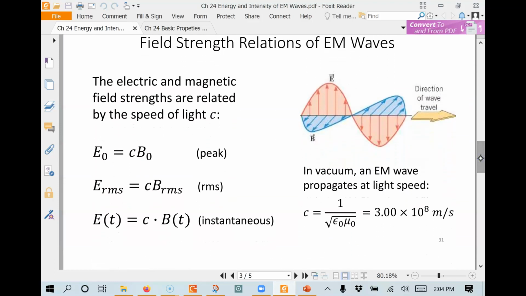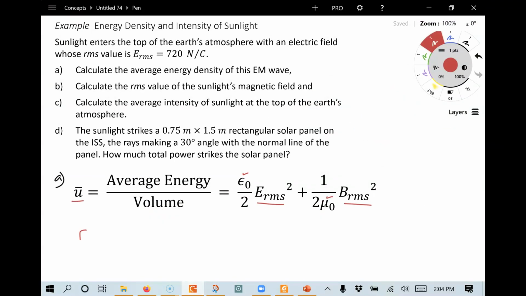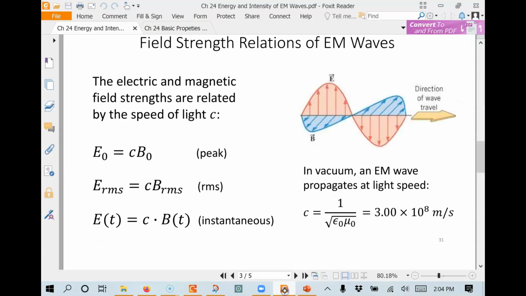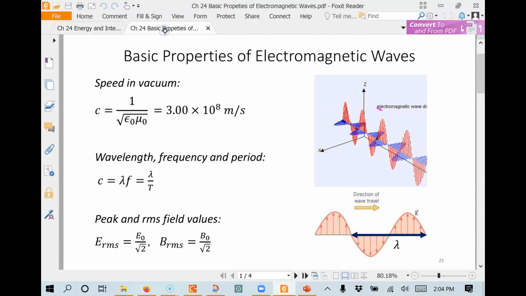So E RMS is equal to C times B RMS, where C is the speed of light. We can also write this for the speed of light: it's also given by 1 divided by the square root of epsilon naught times mu naught.